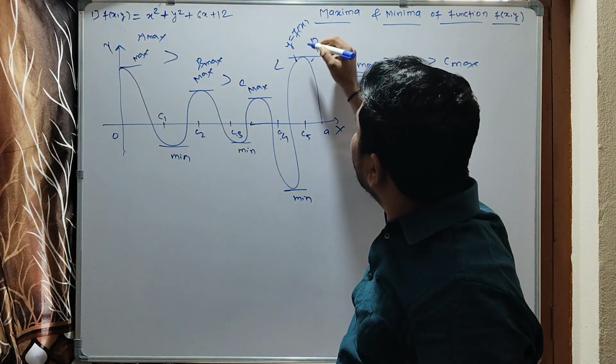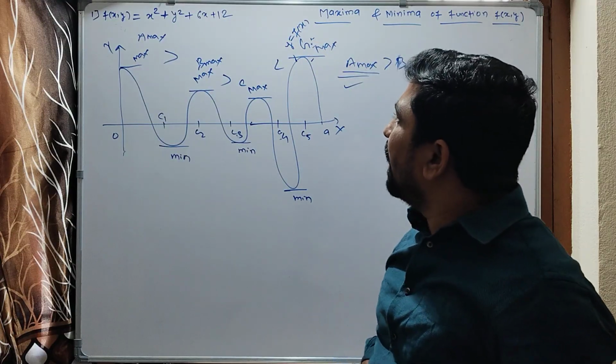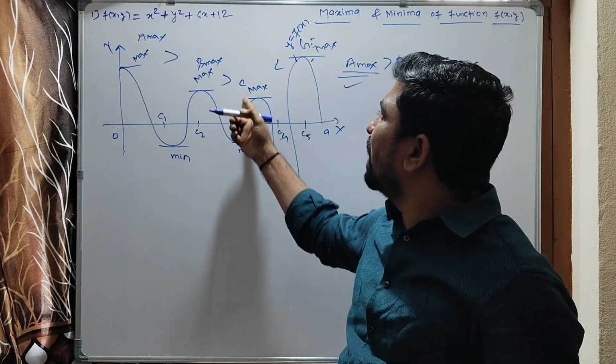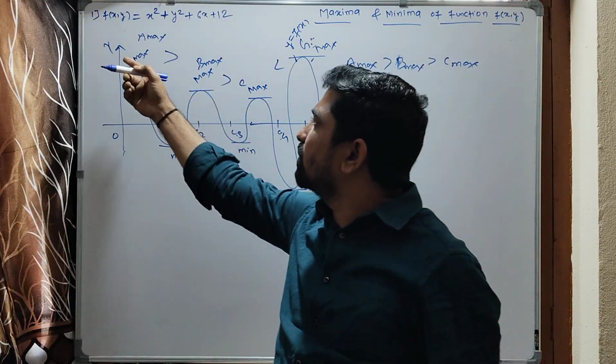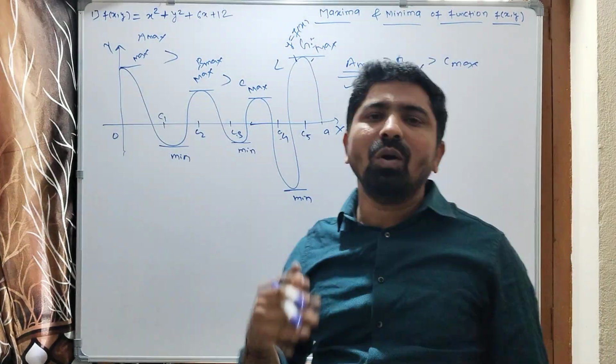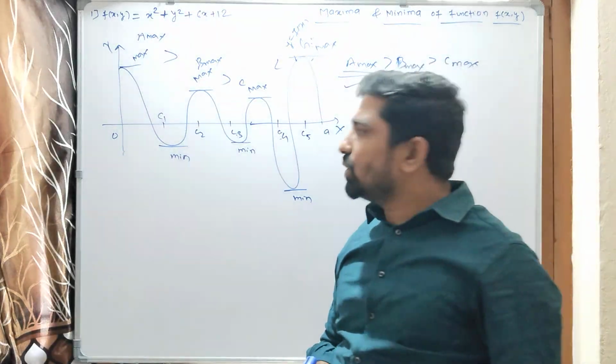So I will call this D max the global maxima, and these we can say are local maxima. This is one point of local maxima, this is another point of local maxima, and this is another point of local maxima. But the maximum among the maxima is the global maxima. So this is my point. Now just observe one thing.